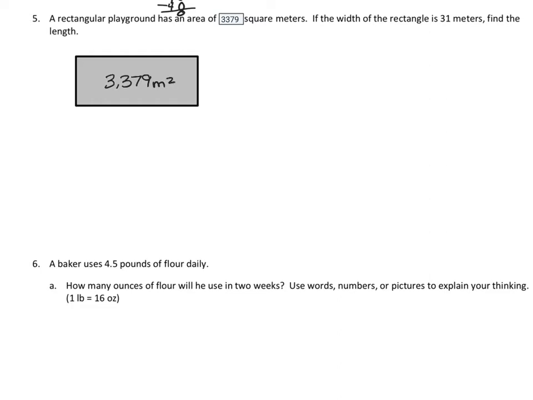Now we know one side of the rectangle is 31 meters. We just need to find out what the other side is. And we know that you can find the area of a rectangle by multiplying the length times the width, and since we don't have one of these, we can simply divide the area by the length of one side. So let's go ahead and do that.